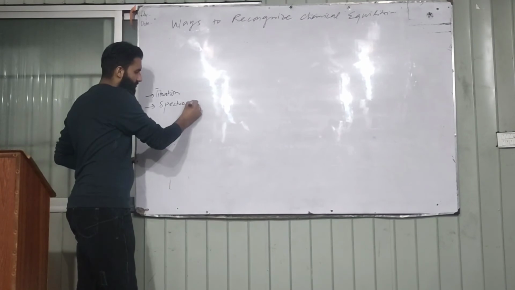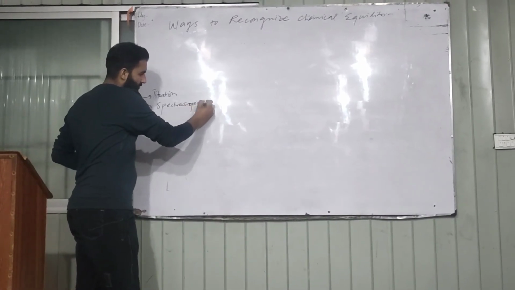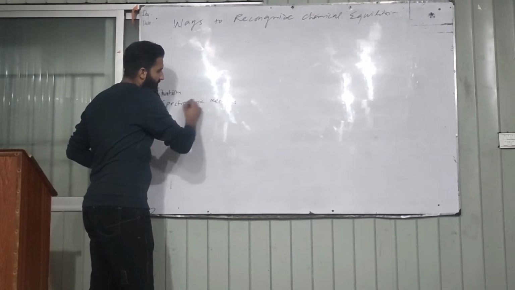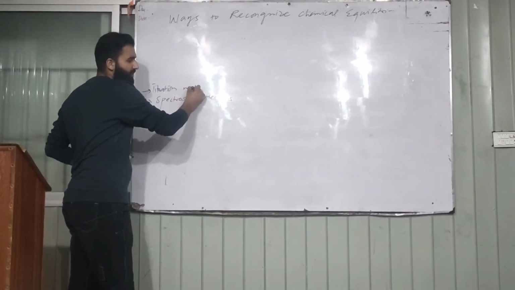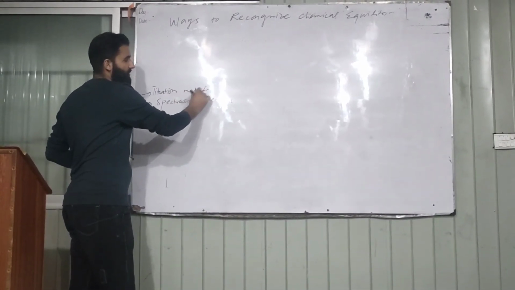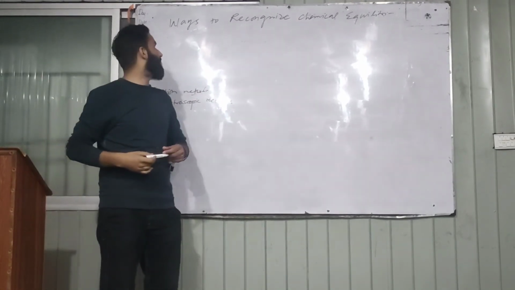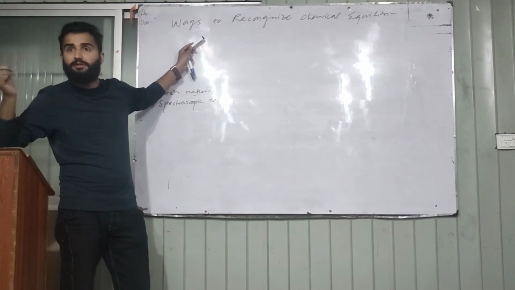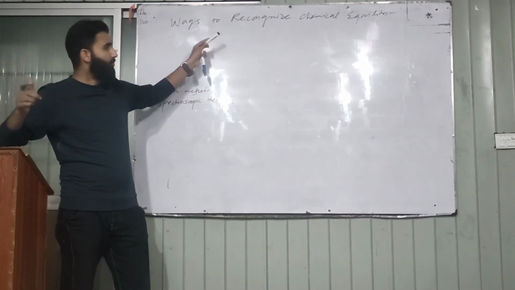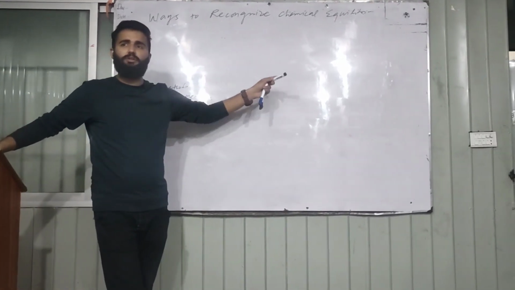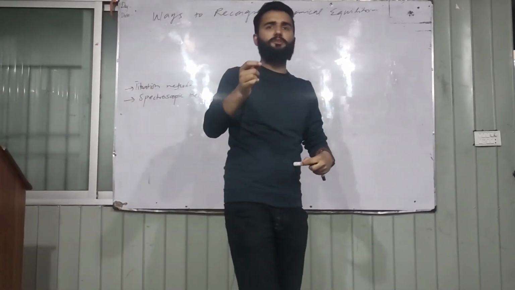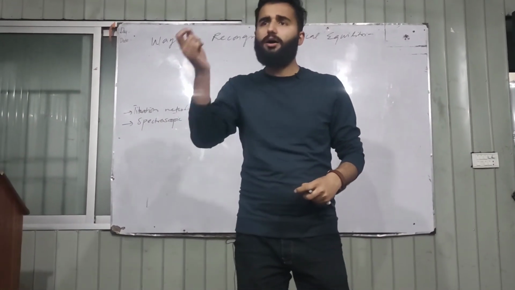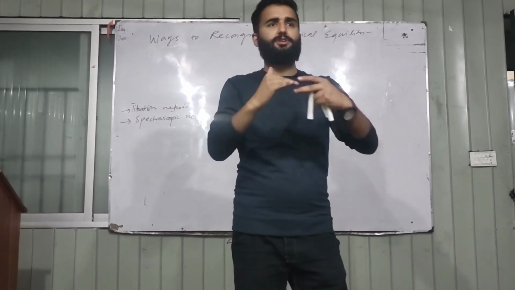These are methods, but what is the basic principle to recognize chemical equilibrium? There is only one principle: whenever equilibrium has been established, the concentration of reactants or products becomes constant.